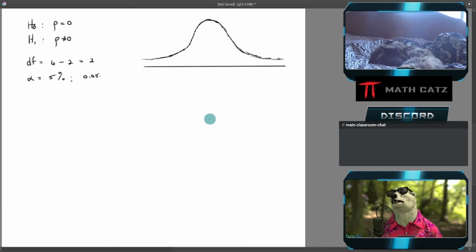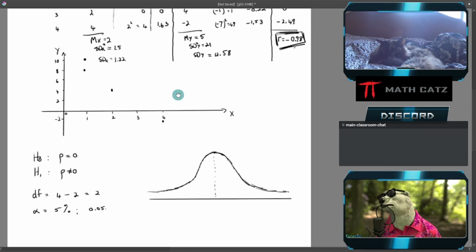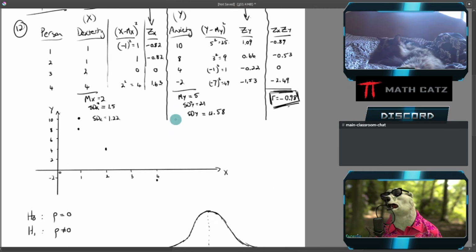Okay, so excuse me. Under the null hypothesis, the true correlation coefficient is 0. We then take a sample of 4 people, get a correlation between these variables. We want to see, is that too extreme, or is that something that I would get normally?